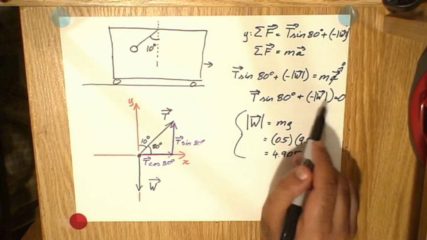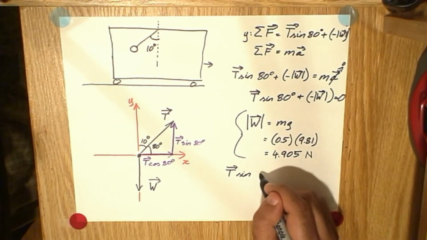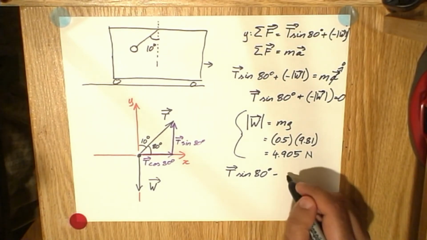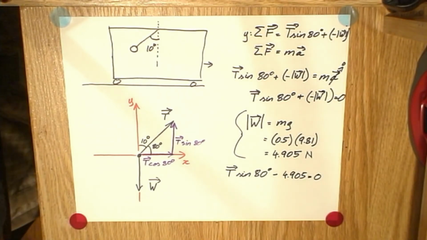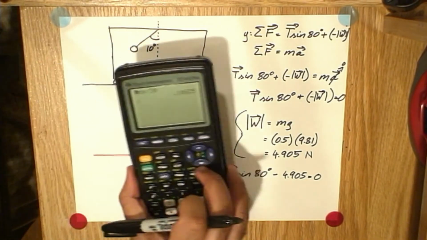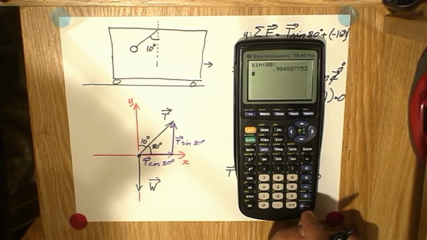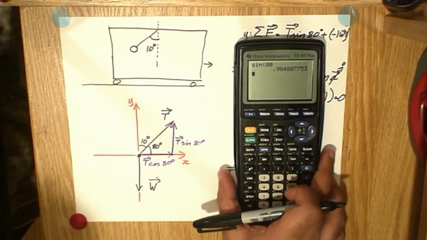So plugging that in here, we get T sine 80 degrees minus the weight, which is 4.905, equals 0. Now, the sine of 80 degrees is 0.985.